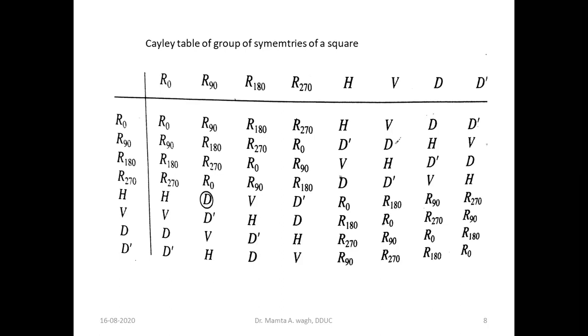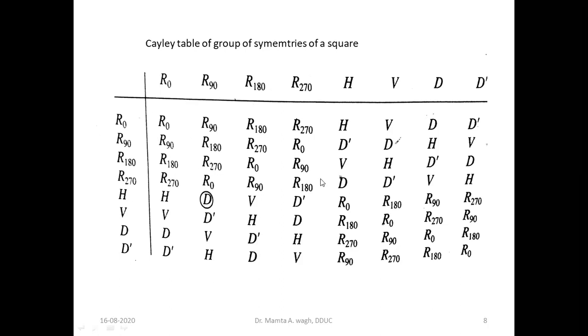We are analyzing basically the set of symmetries of a square. So first we have taken all the symmetries of a square in that set, and now we have written all those rotations and then composed them.